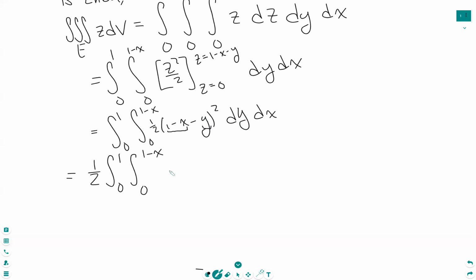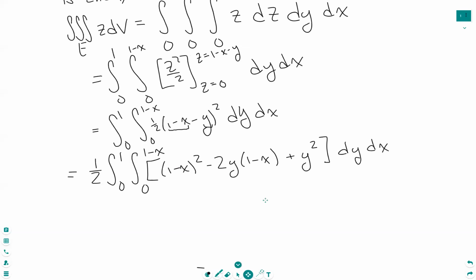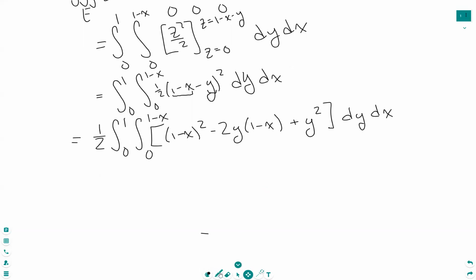That's perfectly fine. So then I'll have 1 minus x squared minus 2 times y times 1 minus x plus y squared dy dx. And like I said, you can still FOIL these out further. You just have more terms. There's more to keep track of.